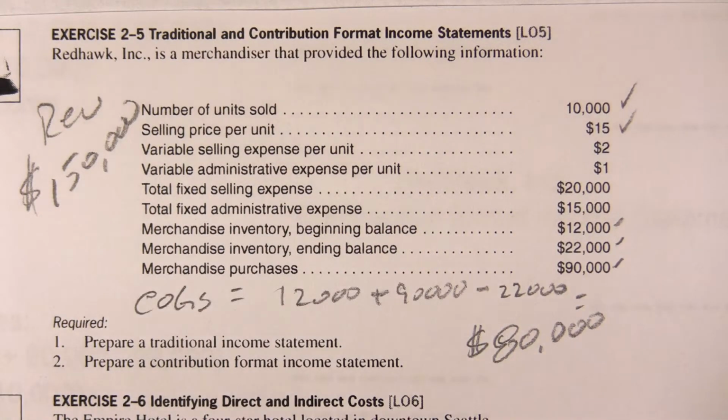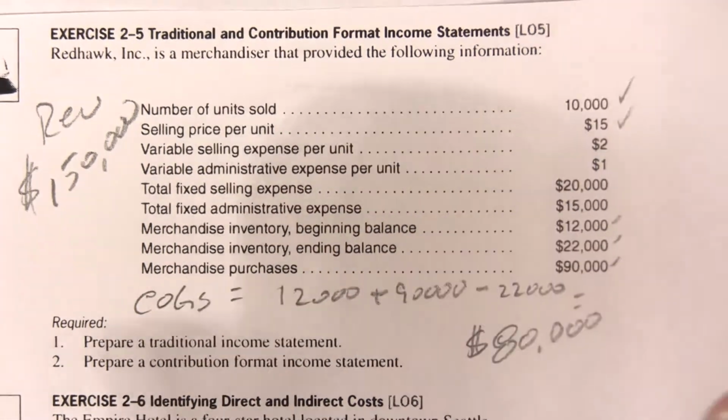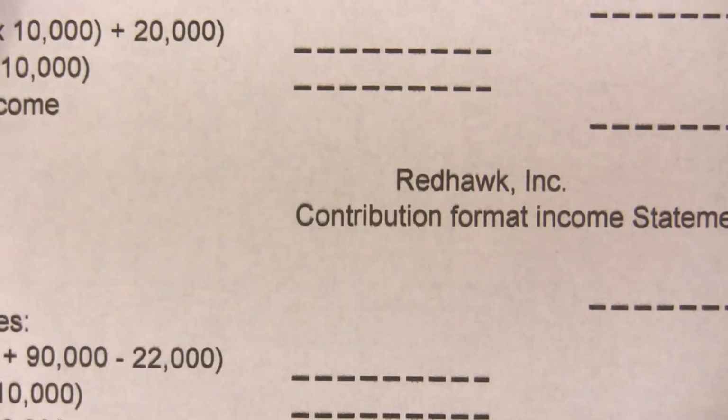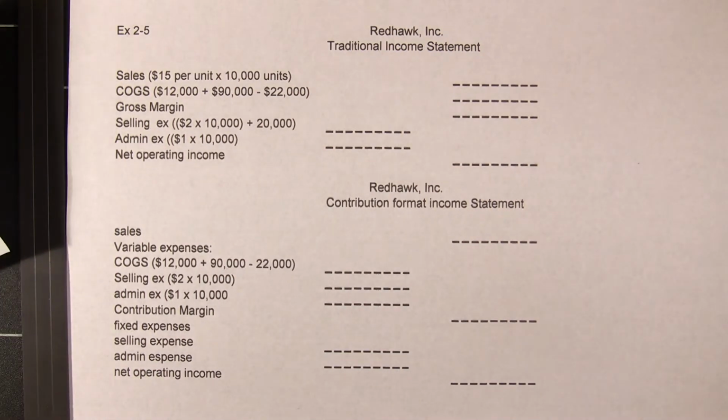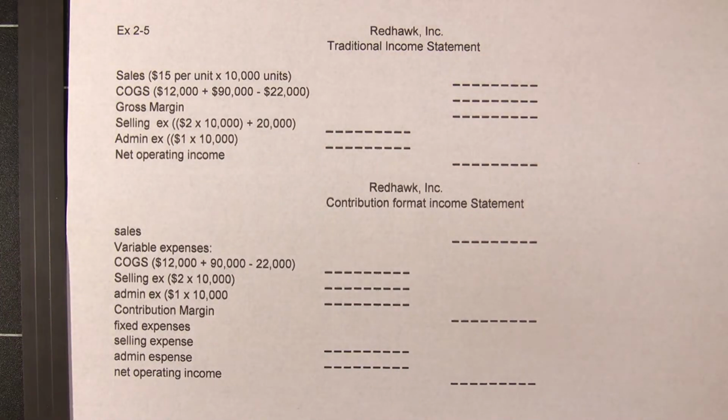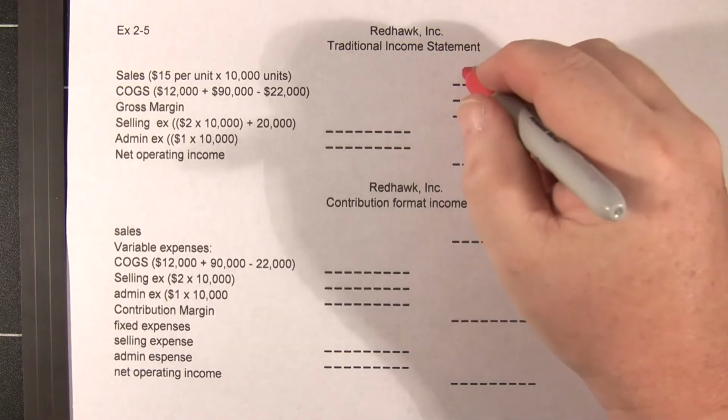So we're going to need those numbers no matter what we do. So let's start with those. We'll fill those in, and then we'll see where the differences are. So let me back this off a little bit so you can see the whole sheet. And remember, we said our sales are going to be the same. It doesn't matter which method we used. So the sales is still going to be $150,000 in either case.